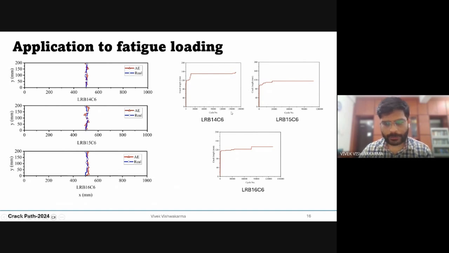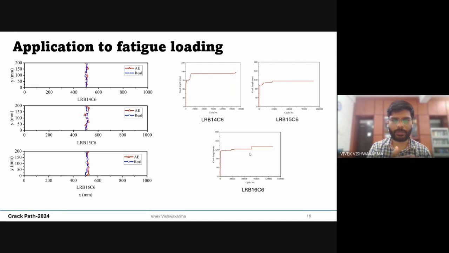But in case of crack length, there is a point to note that you see there is variation in crack length. Why is there variation in crack length? If you see up to 80, 90 mm of crack length, it is predicting somewhat similar. But after that, the variation starts because if you see a fatigue crack growth curve, it has three zones.